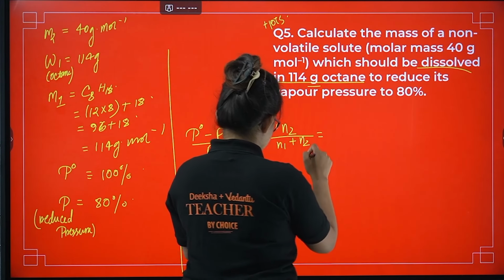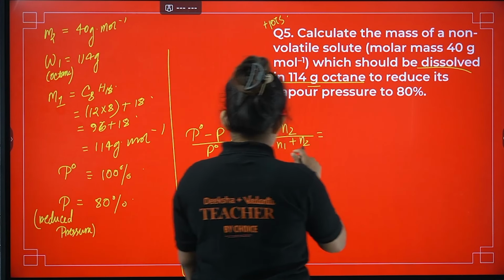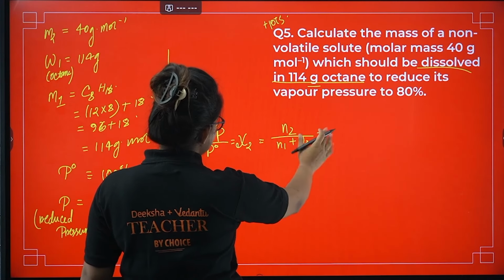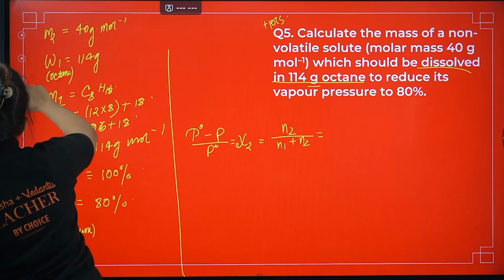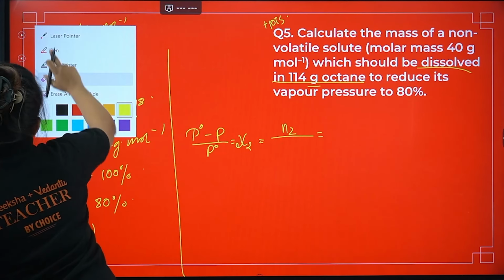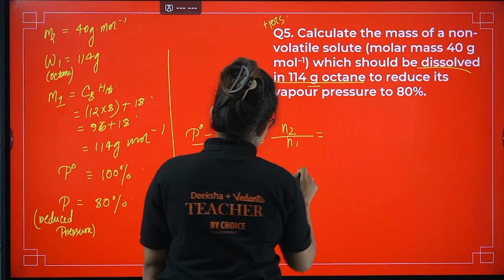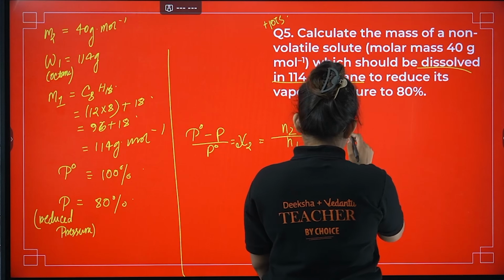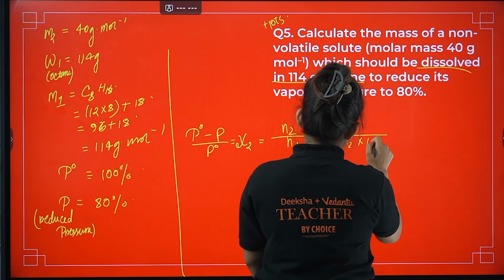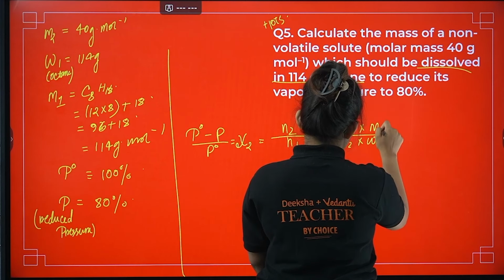Simplifying further, octane is the major component, so this becomes N2 by N1, which is W2 by M2 into M1 by W1.